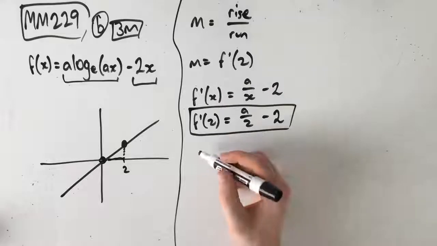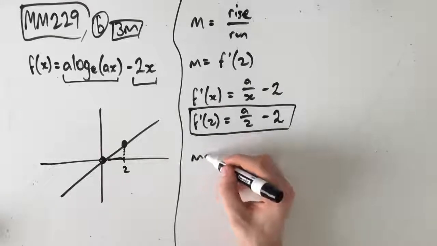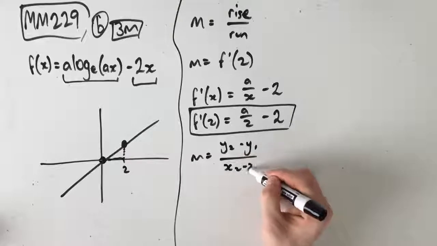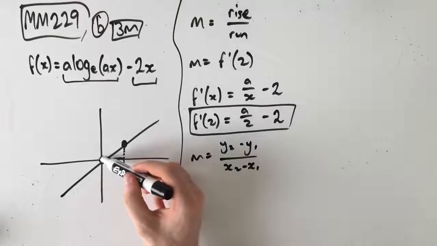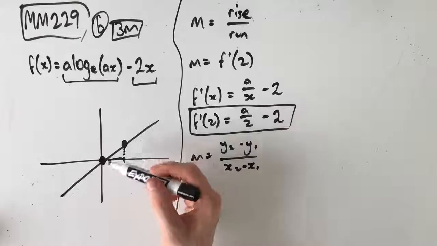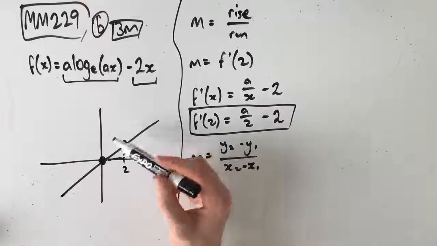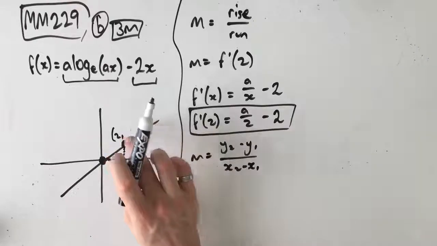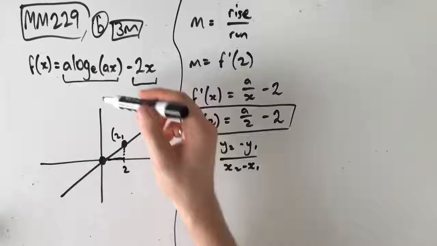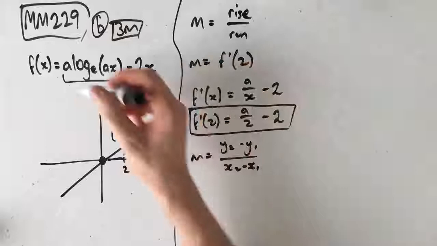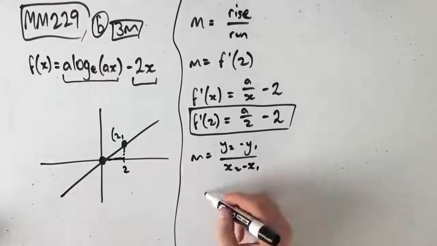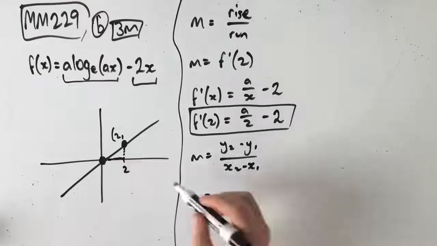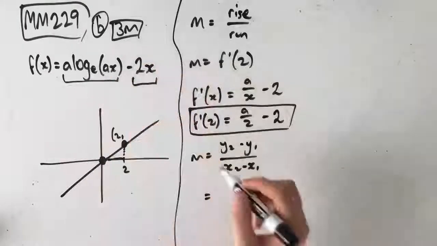Our rise over run, we know is equal to y2 minus y1 over x2 minus x1. But we've only got 1 point at the moment. We've got 0, 0, which is fine because we know it passes through the origin. We know that it passes through x equals 2, but we don't know what our y value at that point is. So we're going to need to find that just by subbing in f of x, okay? So our first point, y2, is going to be our y value of this function.